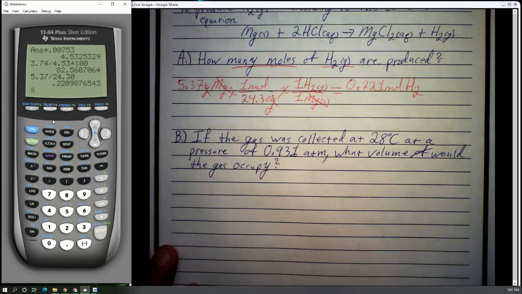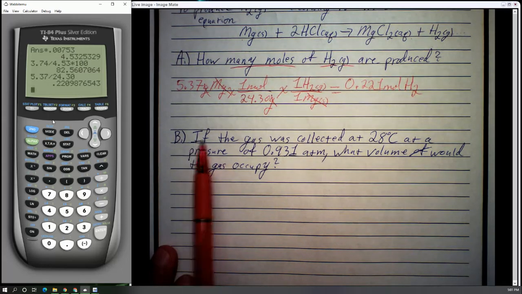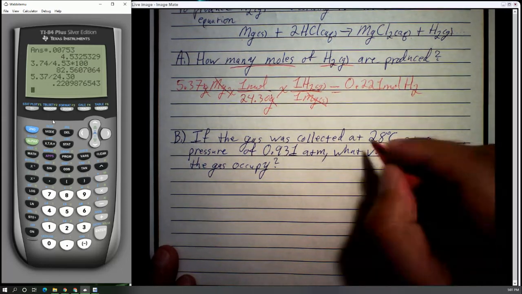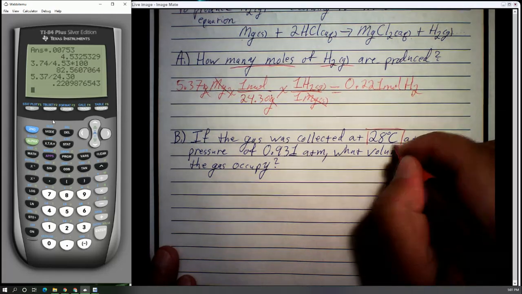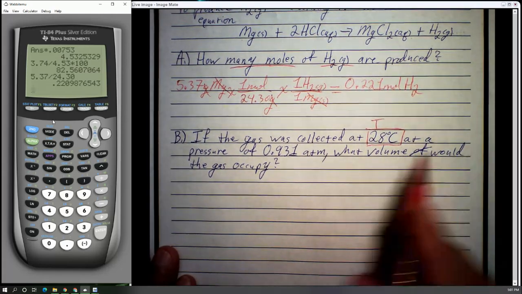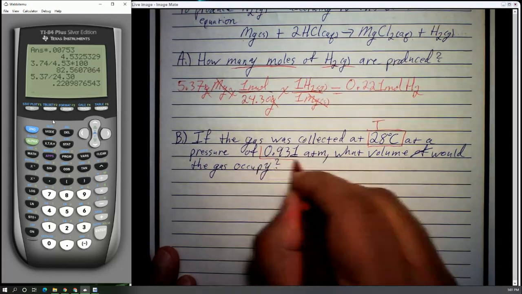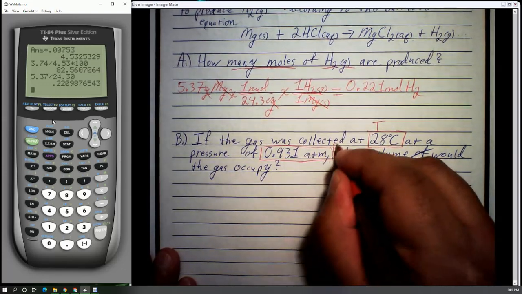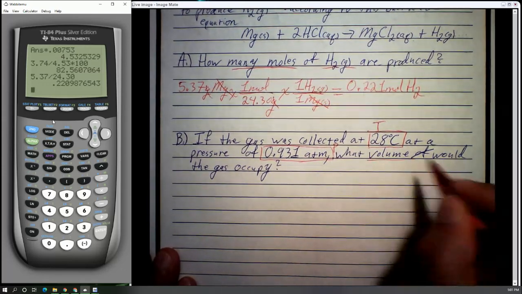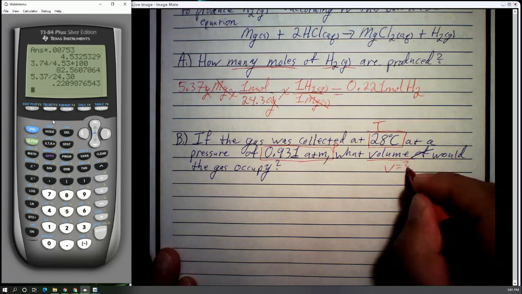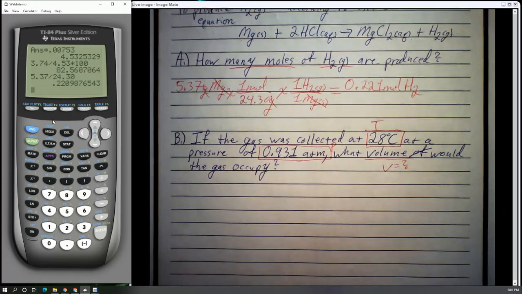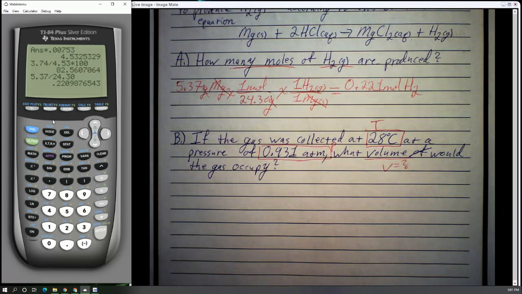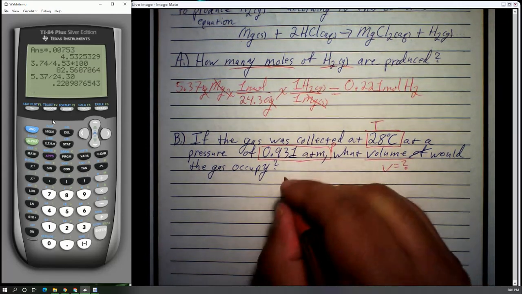And now B. If the gas was collected at 28 degrees Celsius, we have a temperature, at a pressure of 0.931 atmospheres, we have a P. We want to know what the volume is that this gas will occupy. So it's going to be an ideal gas law problem.